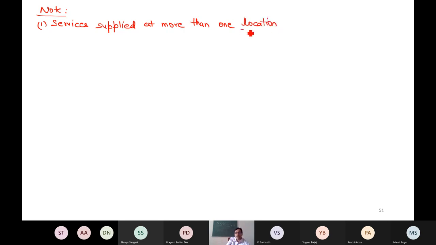Still section 13 subsection 3 is going on. Services supplied at more than one location. This is my heading. And when I say location, I am talking about countries, because within brackets I am writing including the location in the taxable territory.